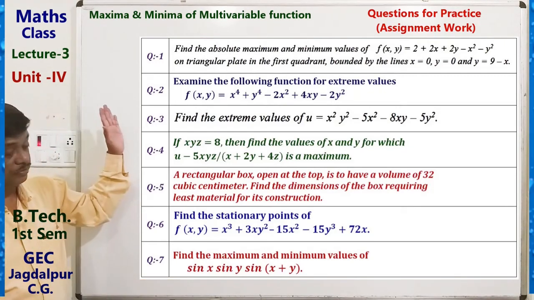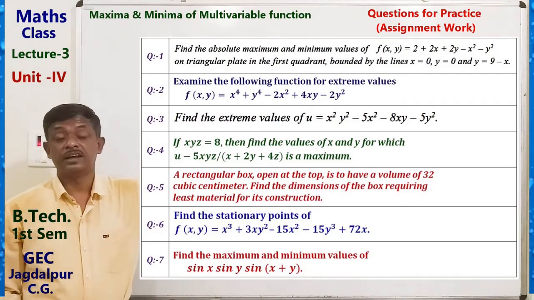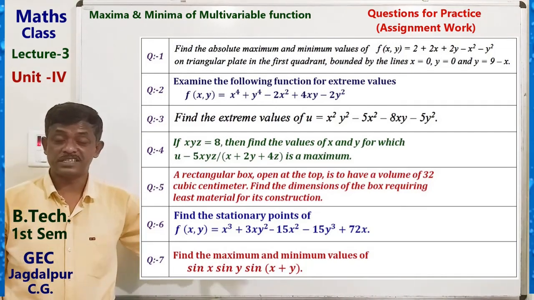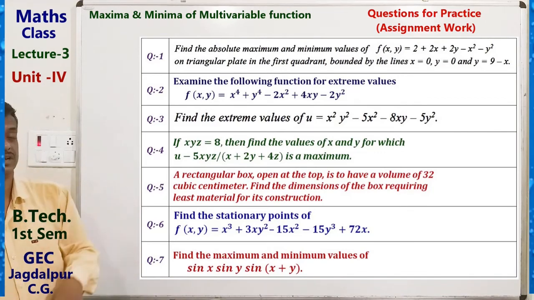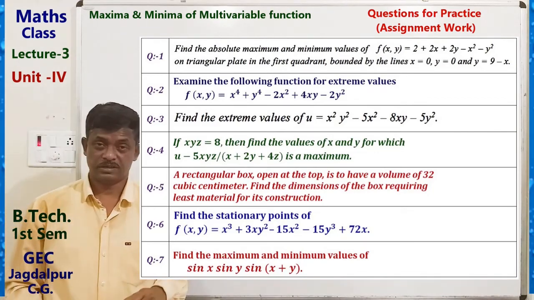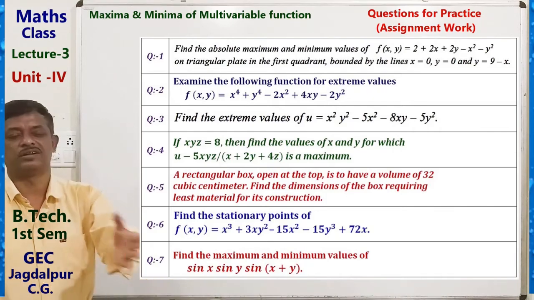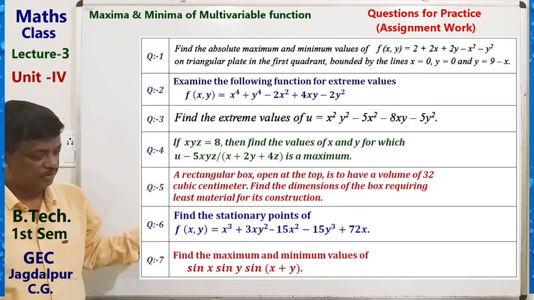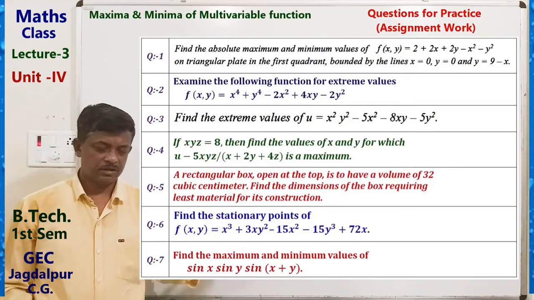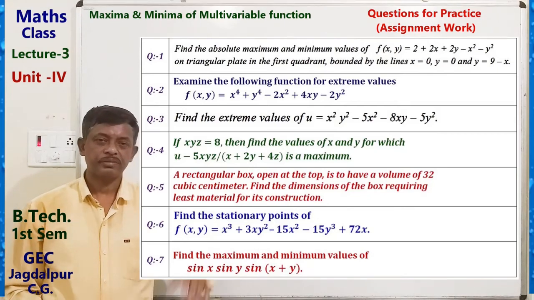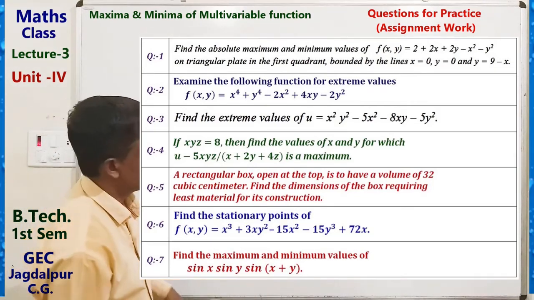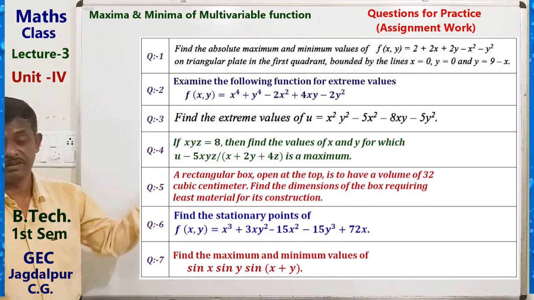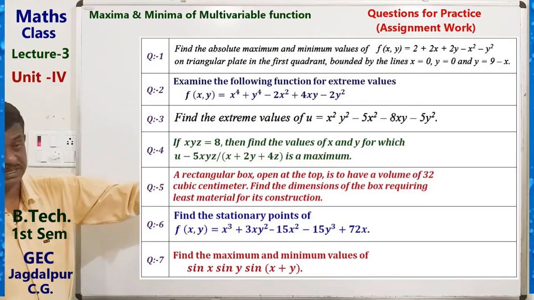So first of all, find stationary points by putting del f by del x equal to 0, del f by del y equal to 0 in case of a function of two variables. Okay, then find the second order derivatives R, S, T and find values corresponding to all the stationary points and test by using that working rule for finding maximum and minimum.